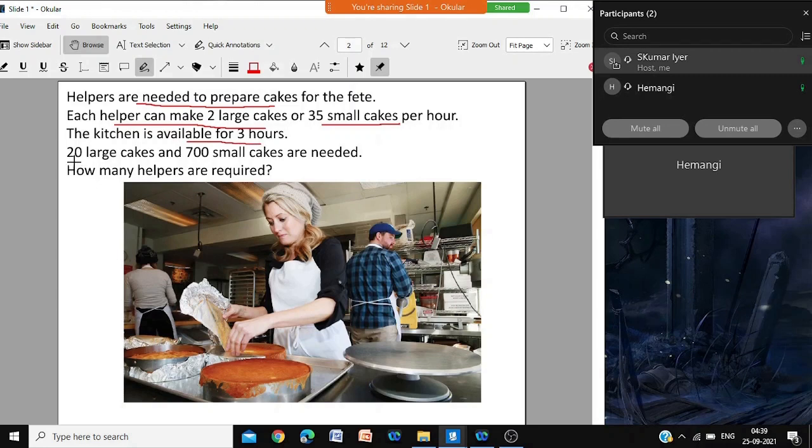Now what you need to make is 20 large cakes and 700 small cakes in these 3 hours. Then how many helpers are needed?